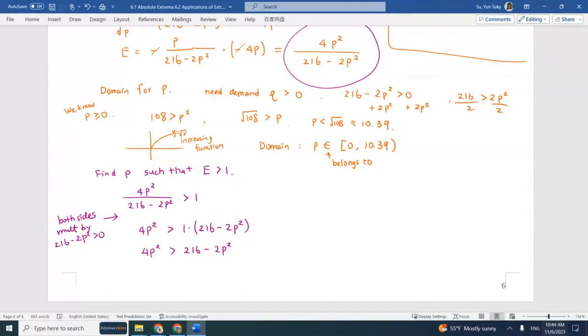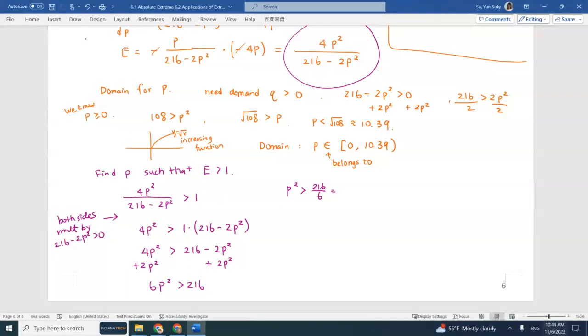What do you do? Yeah, plus the 2p squared. And then what do you get? 6p squared greater than 216. Yes, everybody? So we get p squared greater than 216 over 6.